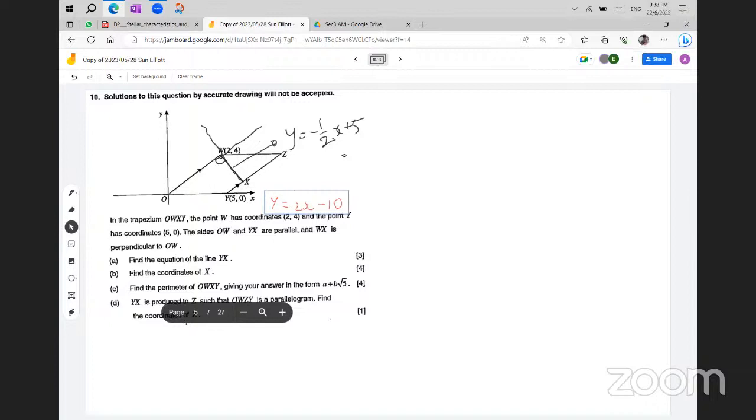Meaning that wx equals yx at point x. So that's why you use simultaneous equation. That you understand, right? Then do you know how to do it? It's quite simple simultaneous, right? Yes. Okay.